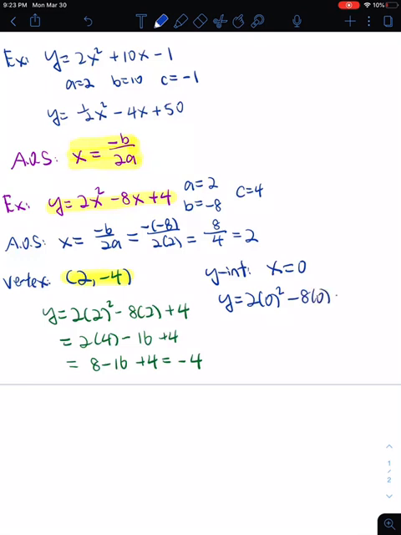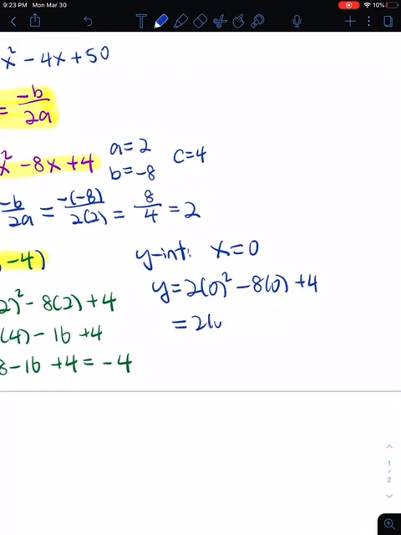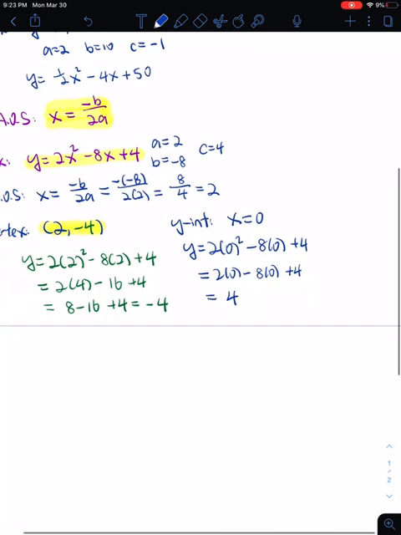So I have 2 times 0 squared minus 8 times 0 plus 4. Okay, and let's find what y is. Well, 0 squared is just 0, minus 8 times 0, plus 4. And I think we just get positive 4. So then our y-intercept, let's write it as a point, is 0, comma 4.